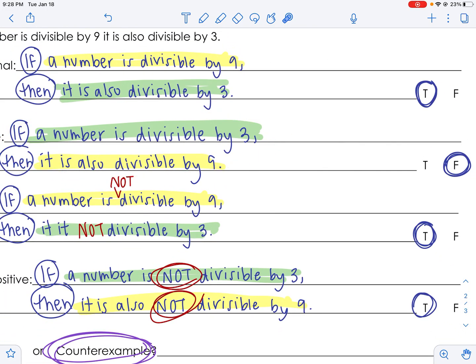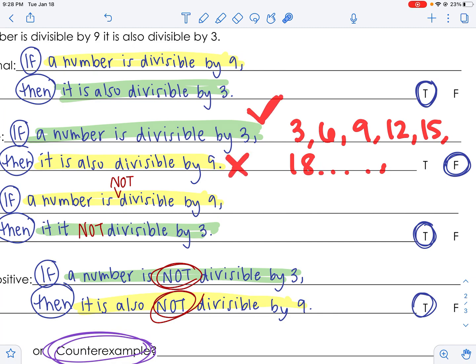And we said if a number is divisible by 3, then it's also divisible by 9. And we listed out some numbers: 3, 6, 9, 12, 15, 18. Okay, could go on. So ask yourself, which of those numbers are divisible by 3, but they're not divisible by 9?